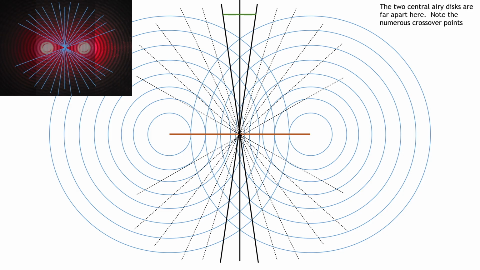So here we have two disks. The two central Airy disks are far apart here, denoted by the brown line. And note that we have all these numerous crossover points, in the dotted lines, and then I've just outlined essentially three constructive zones in their radius, or their distance from one another, with the green line.